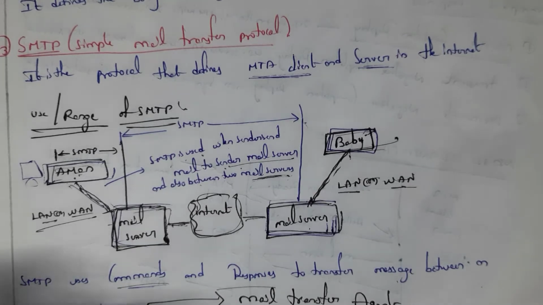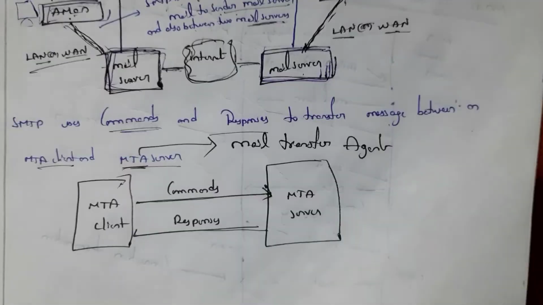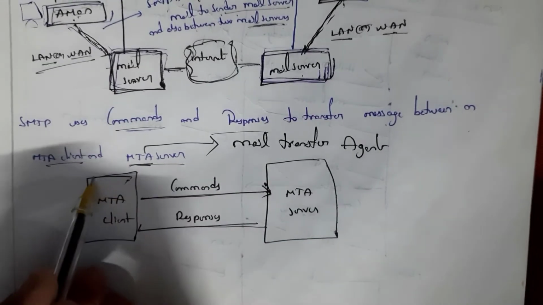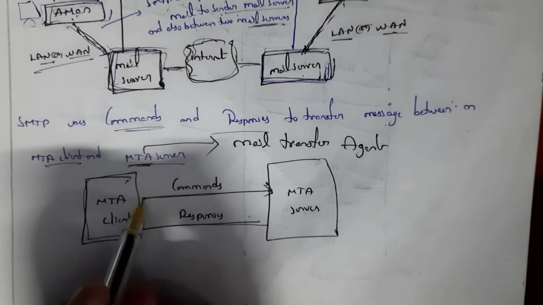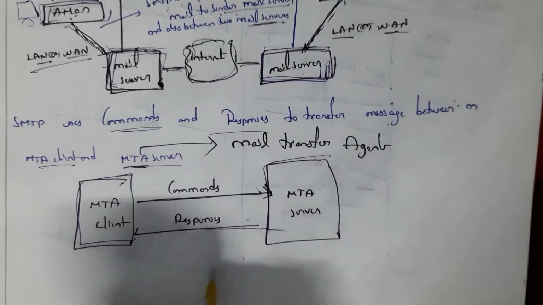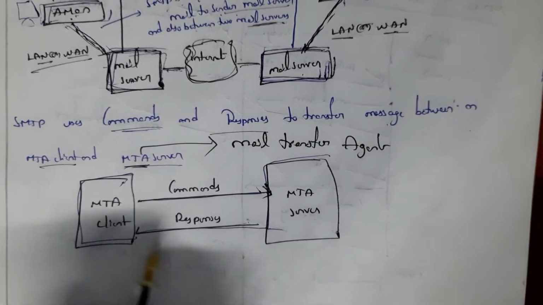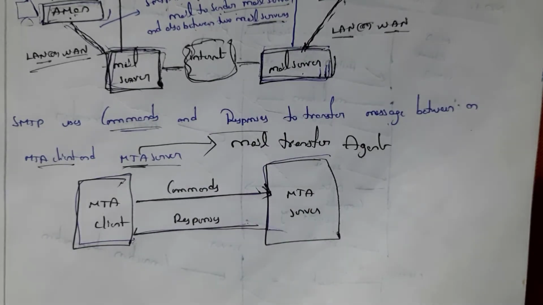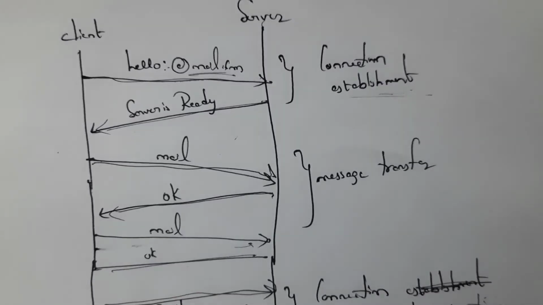The MTA client and MTA server use commands in order to transfer mails. The MTA client sends a command to the MTA server, then the MTA server gives a response. MTA stands for Mail Transfer Agent. This is the structure of the SMTP client-server model.